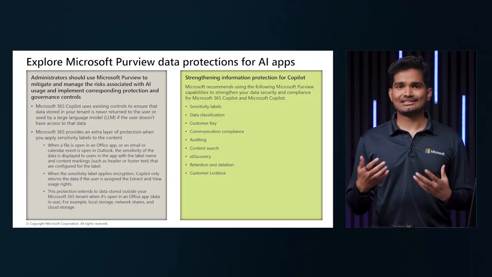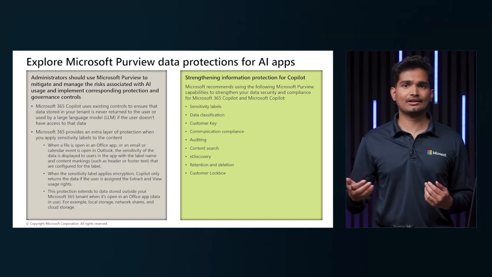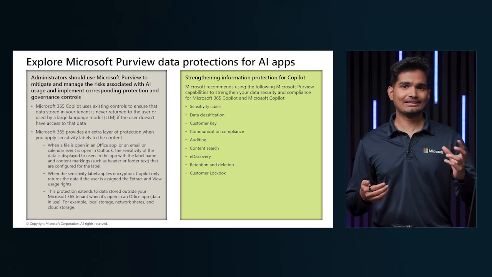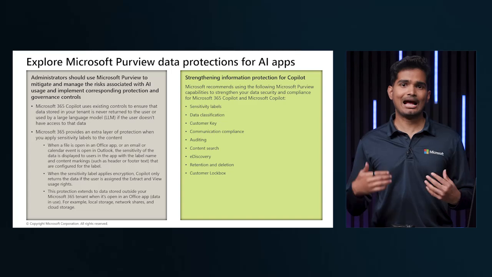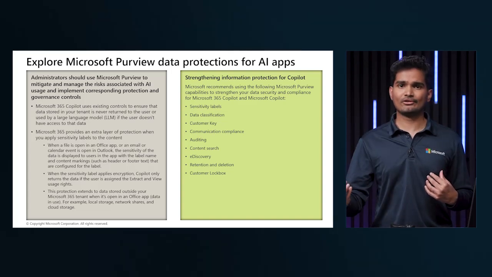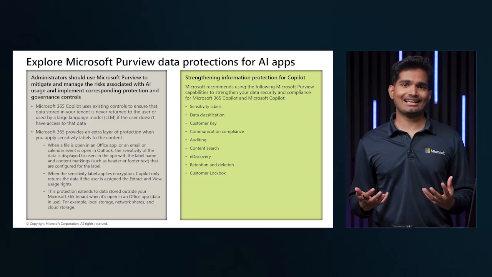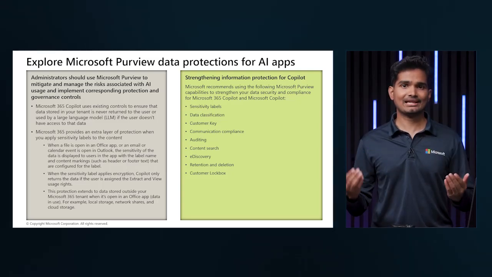Admins can employ sensitivity labels to protect data, showing the sensitivity of data when files are opened in Office apps, and only returning data to users with the necessary permissions. The protection extends to data stored outside your M365 tenant.